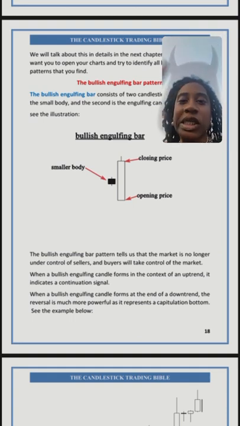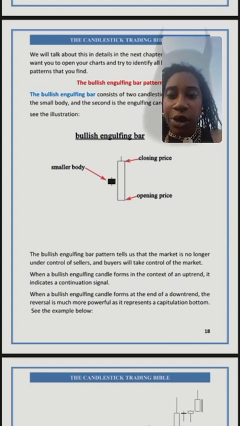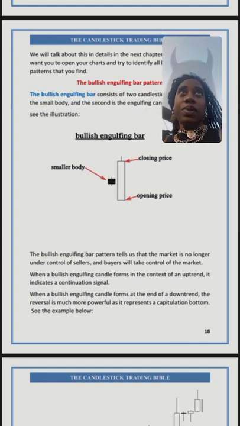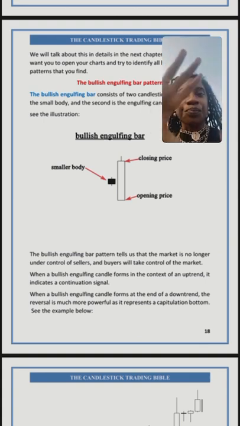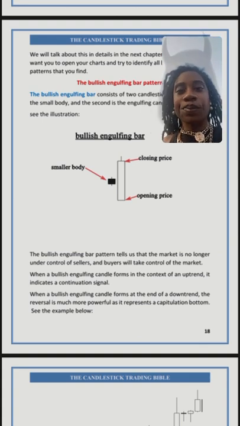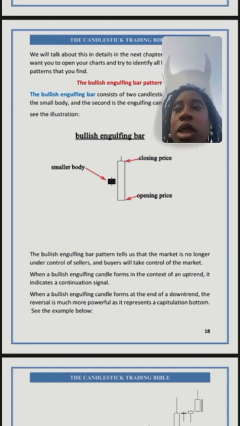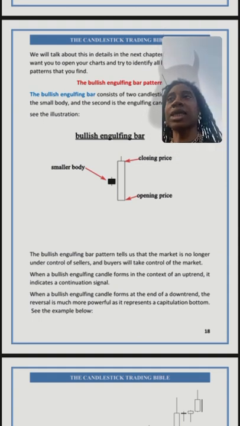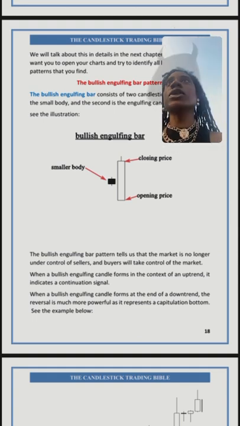Okay, so a bullish engulfing pattern is when the market is in a sell-off. So it would be like a little red candle there, and then when the next price opens, it would be a big green candle. So this means that the market is no longer under the control of the sellers, and the buyers are coming in to take control.